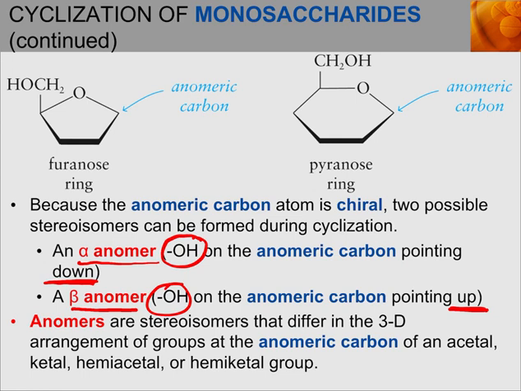And the actual definition of anomers: anomers are stereoisomers that differ in the 3D arrangement of groups at the anomeric carbon of an acetal, ketal, hemiacetal, or hemiketal group. Now, in our case, we're really looking at hemiacetals and hemiketals.